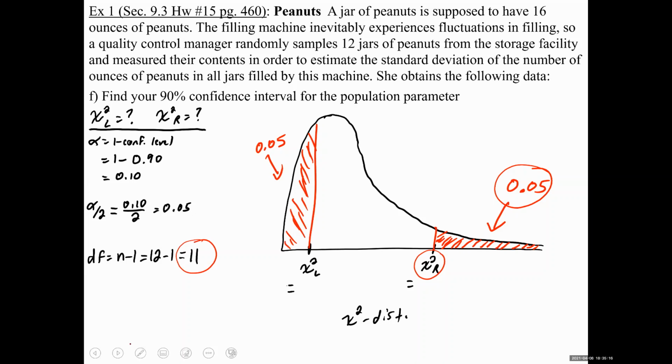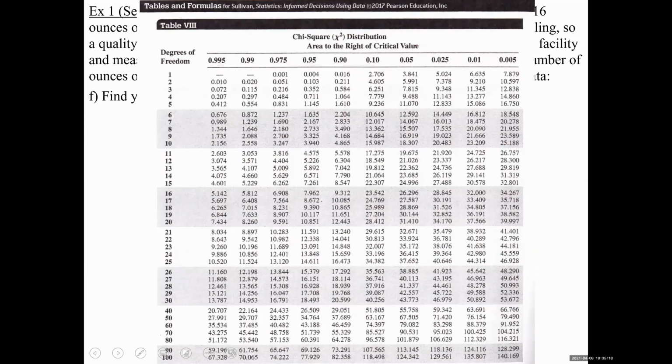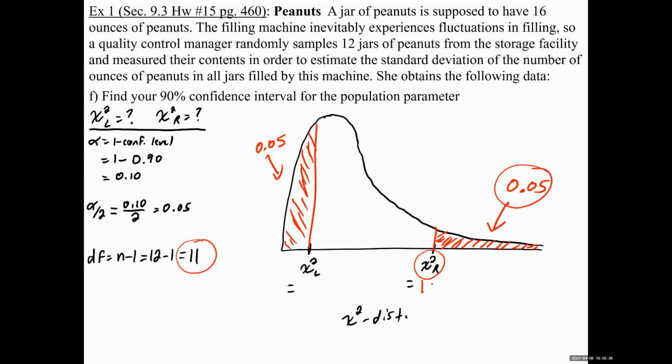Let's go to the table. And again, the table reminds you, area to the right is what you need. Area to the right is 0.05, degrees of freedom is 11, and you go like this, and you go like this, and that number is 19.675. That is this number here. Any questions on the 19.675 number?